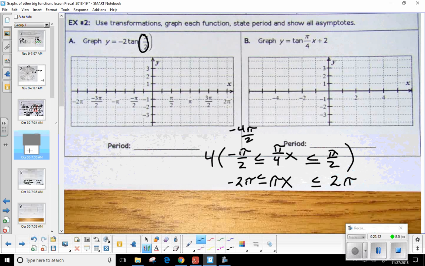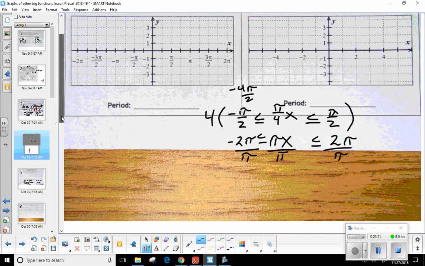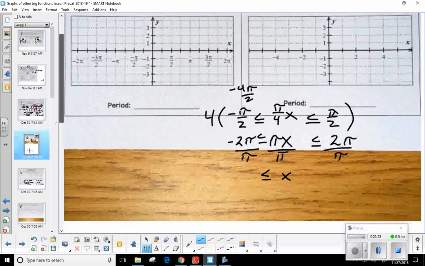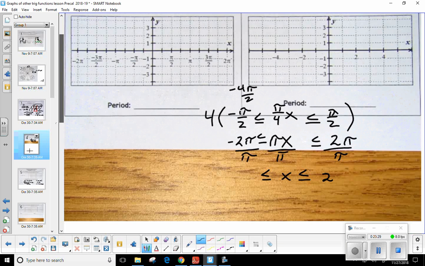I've got pi x, but I just want x. So now divide by pi. This gives me the x I want in the middle. 2 pi divided by pi is 2. Negative 2 pi divided by pi is negative 2. Now you'll notice pi completely dropped out of this.